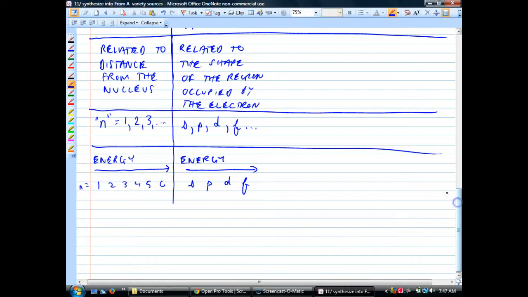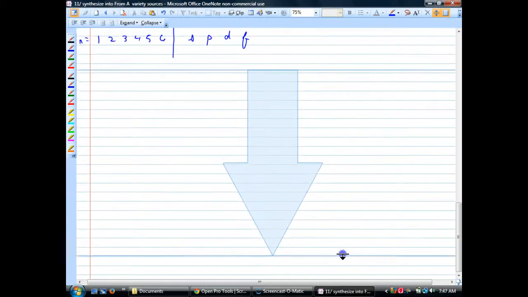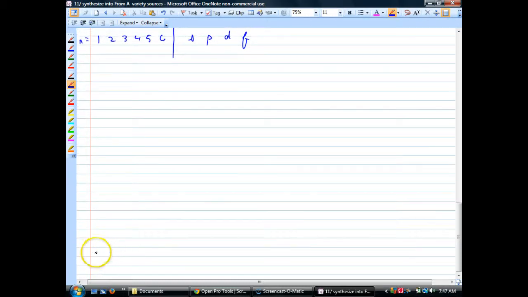Now let's look at this graphically, how this subdivision works. So I'm going to scroll down here, and I'm going to write my principal energy levels in this order, just up to number 3. Remember that N is the symbol for the principal energy level, and so this is energy going up on this side, like that.